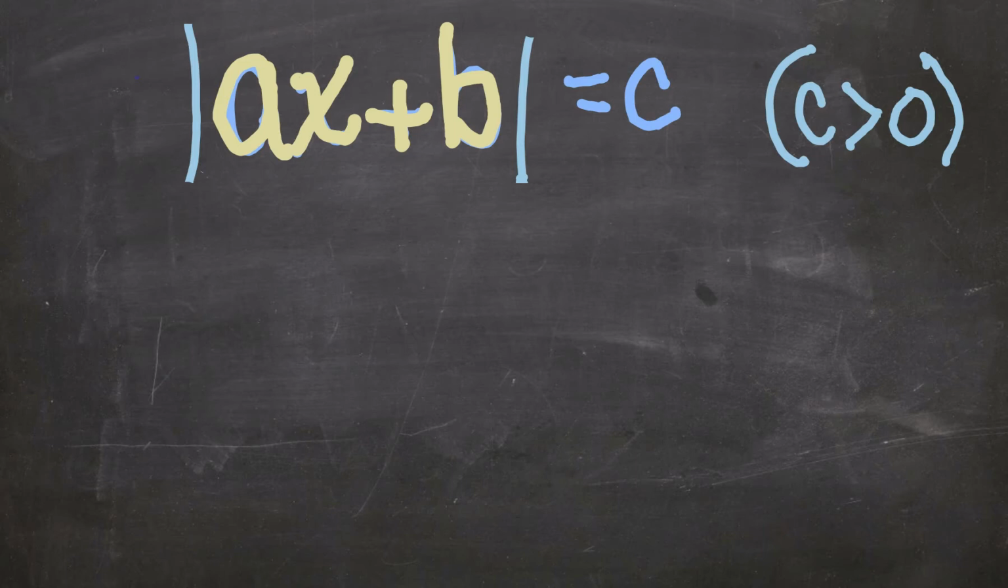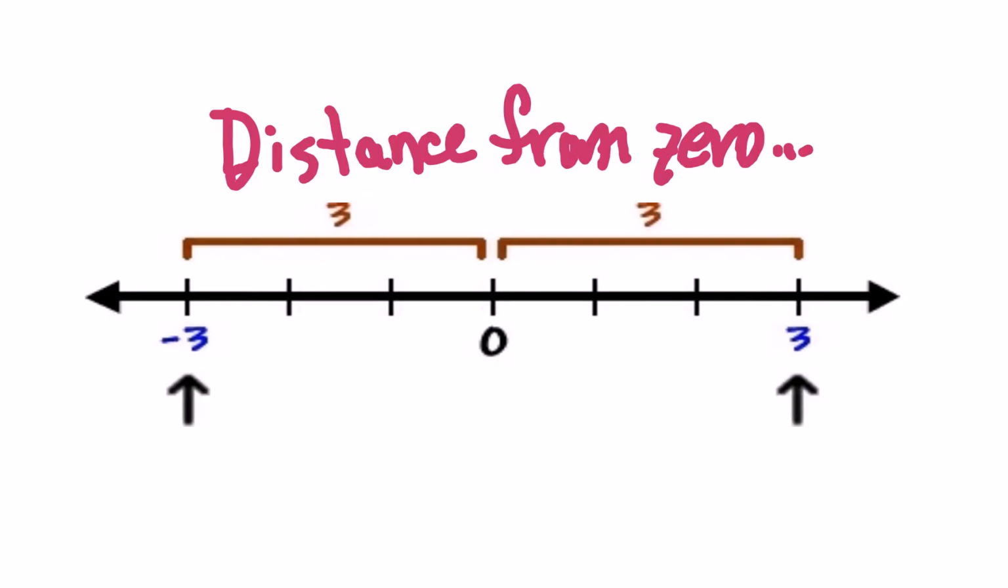So here's the setup. You want to concern yourself with what's inside this absolute value symbol. Remember, a number's absolute value is its distance from 0 on the number line. A distance must be a positive measurement, so again, distance is always positive. If you take 3 steps forward from where you stand, you've traveled 3 steps.